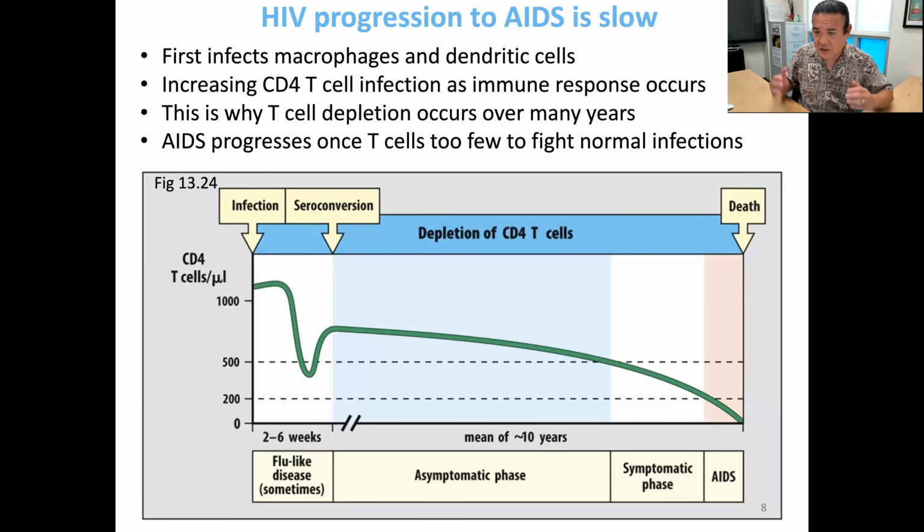And then this is what's known as AIDS, because it's immunodeficiency that has been acquired through HIV infection from possibly many years before. And once they've reached this point, then any opportunistic infection that normally you would have been able to fight off, you will succumb to it. You will die of common everyday types of infections.